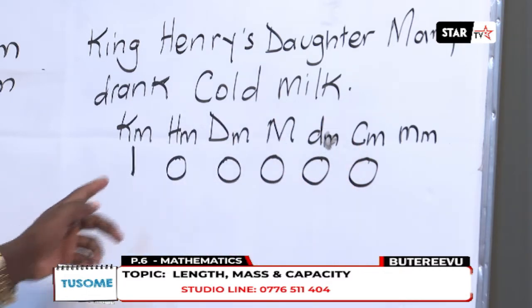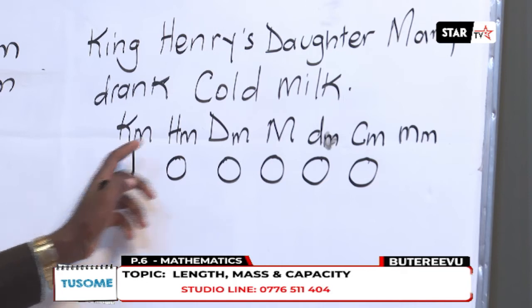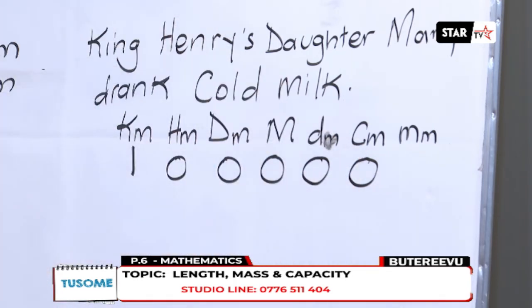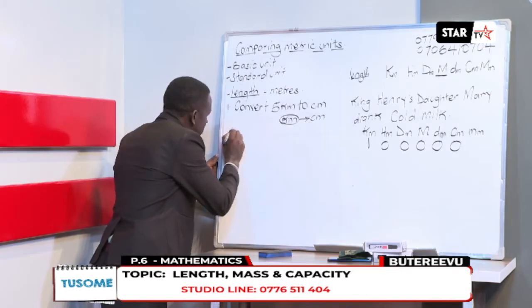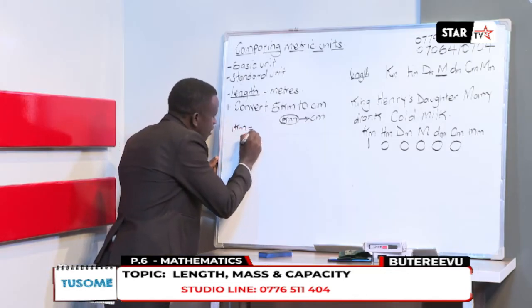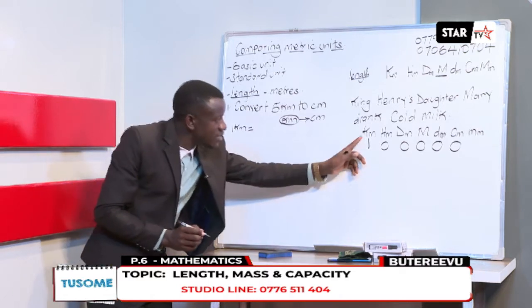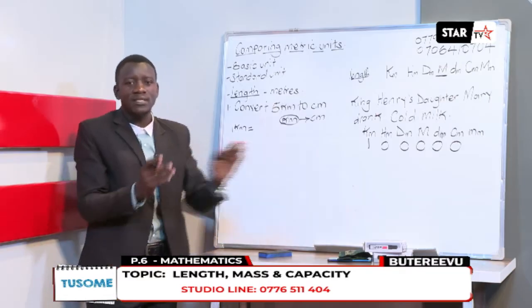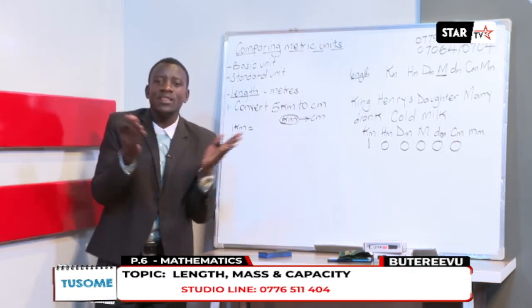Meaning, how many centimeters are in a kilometer? I will say 1 kilometer is equal to, starting from a kilometer to centimeter, I have replaced the other metric units with zeros.